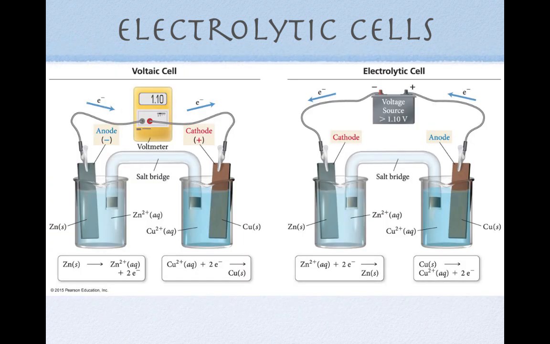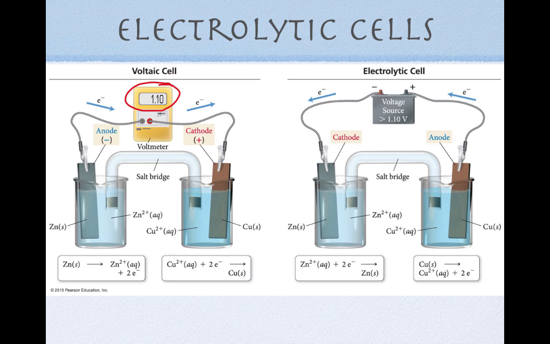Let's take a look at a picture of an electrolytic cell there versus a voltaic cell. So there we have a zinc and copper cell there. We see that when we have zinc and copper working in a voltaic cell, we have a voltage of 1.10 volts up here, and the electrons are moving from the zinc to the copper because that's the way that nature wants to move those electrons.